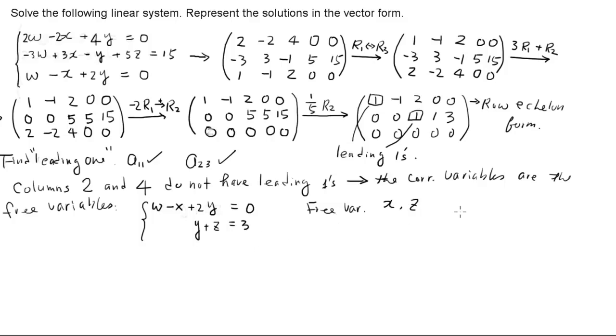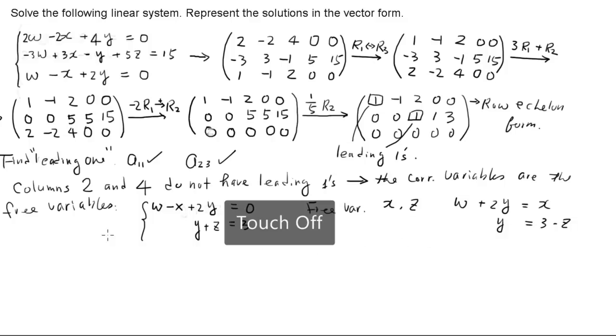And what do we do? We move these free variables to the right hand side. So what we have now is w plus 2y is equal to x, and then y is equal to 3 minus z. Now we are almost done.